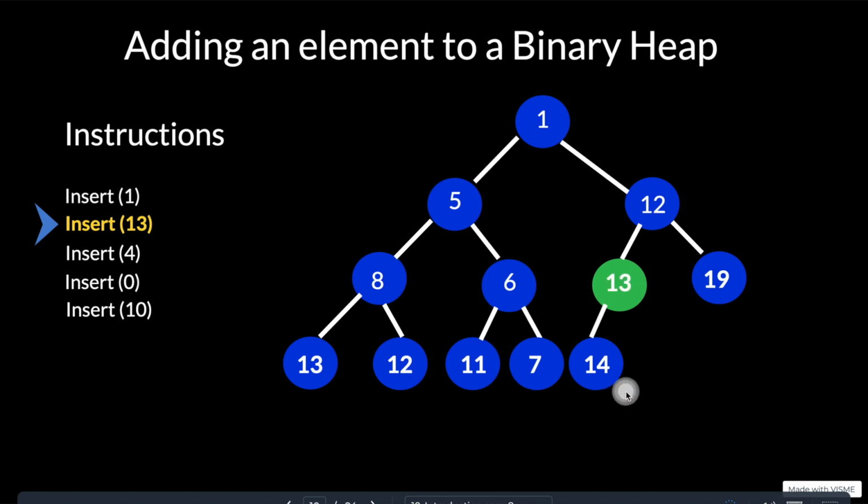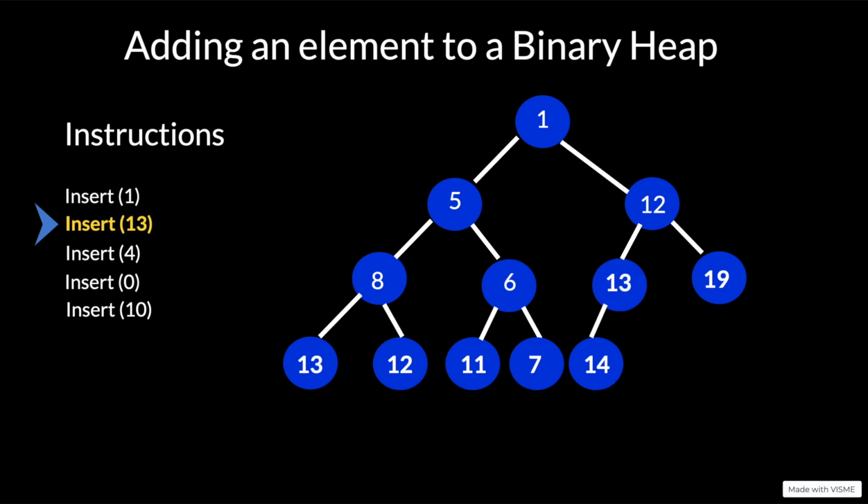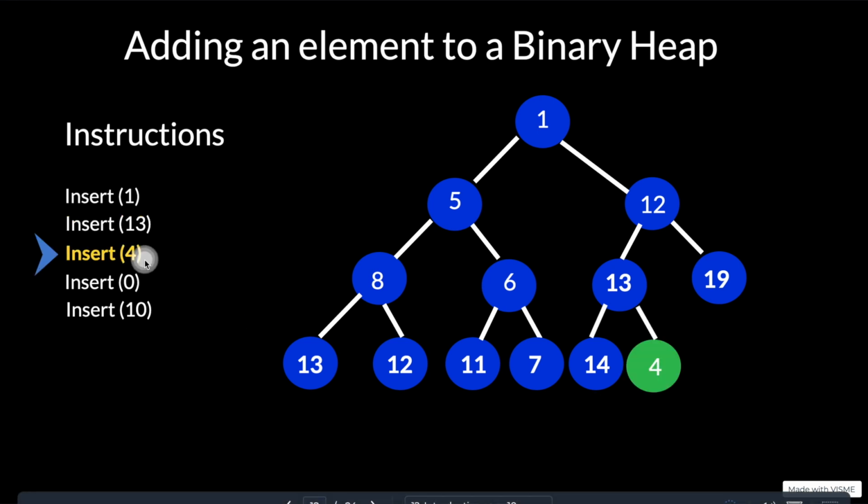Okay, then now we are going to insert 4. Okay, so we have 4 at the insertion position over here. But as you can see, the value of the parent node to 4 is greater than 4, right? So 4 has to be shifted up.